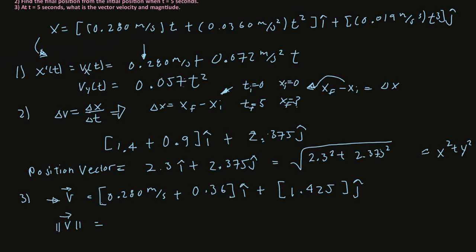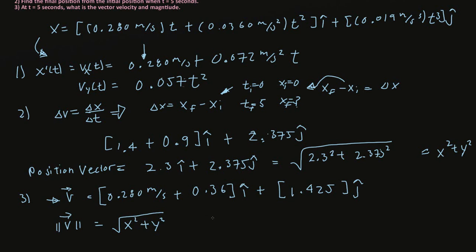This will be the magnitude of this vector, and we can also find it by using the approach we did earlier: x squared plus y squared, and then you get the magnitude. But let's say we want to find the direction in which the squirrel goes, the direction of the velocity vector of the squirrel?